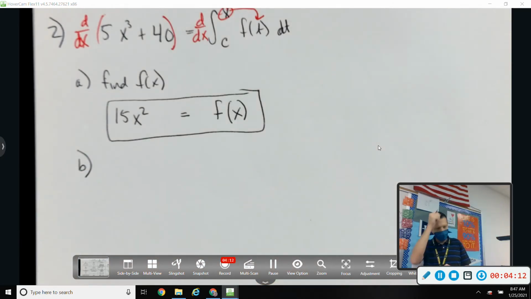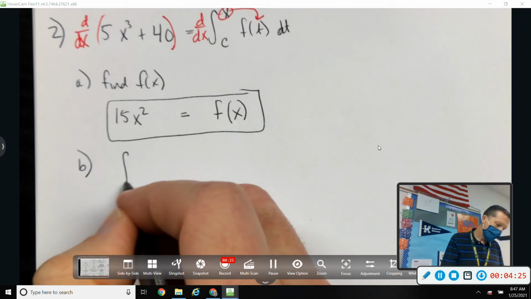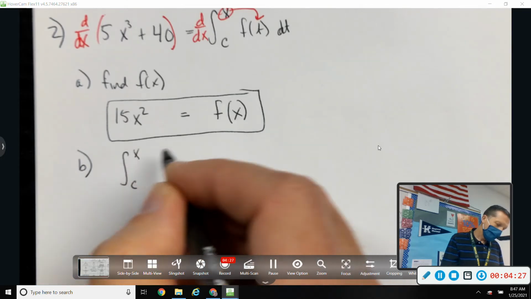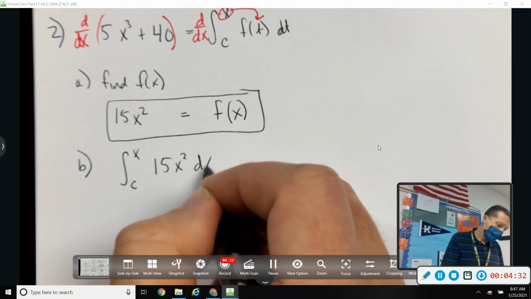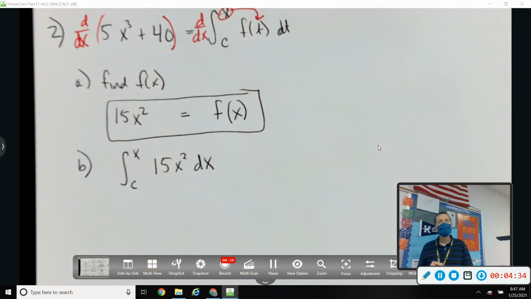Part B: find the value of c. Okay, I know what f of x is. So let's kind of work the problem backwards.